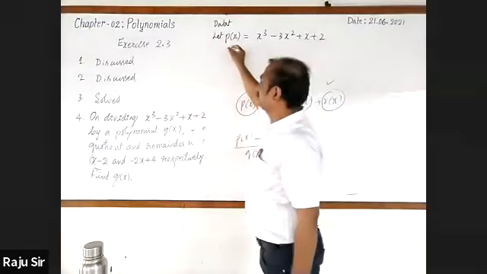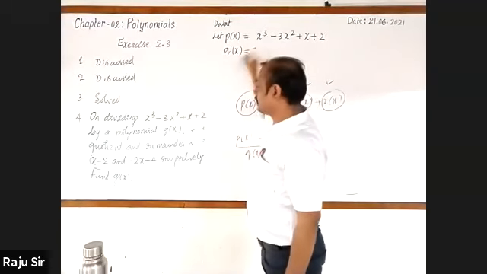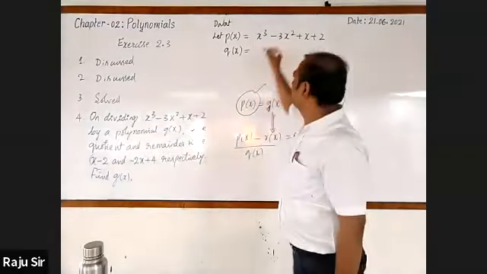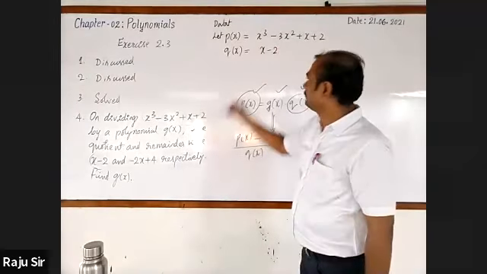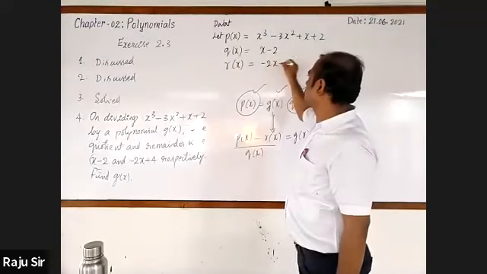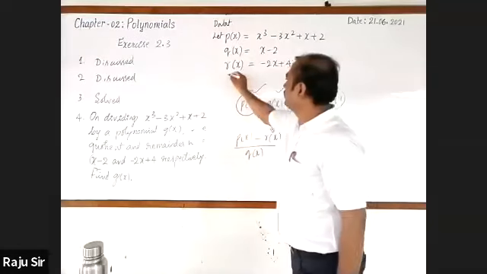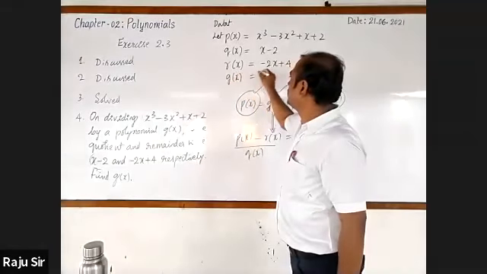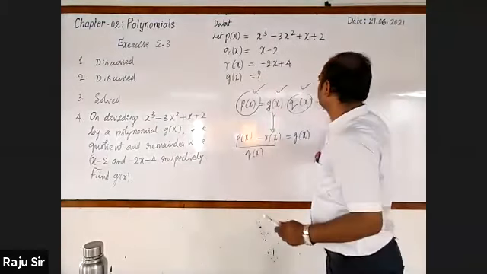Next, q of x, the quotient, is given. Quotient is x minus 2. Remainder, r of x is equal to minus 2x plus 4. With this information, you are going to find out g of x. g of x equal to question mark.